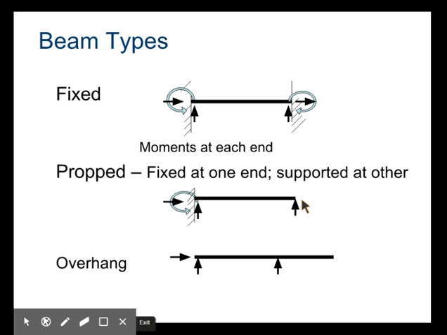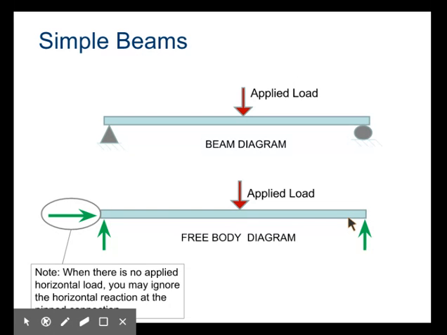You could see a fixed beam, which has fixed ends on either side, so it provides moment reactions on either end. You could see a propped beam, fixed at one end and supported on the other. Or you could have an overhang, where you have two supports, but the beam itself overhangs them. The concepts and the science behind this still apply to all these scenarios. We're mostly going to look at simple beams, however.